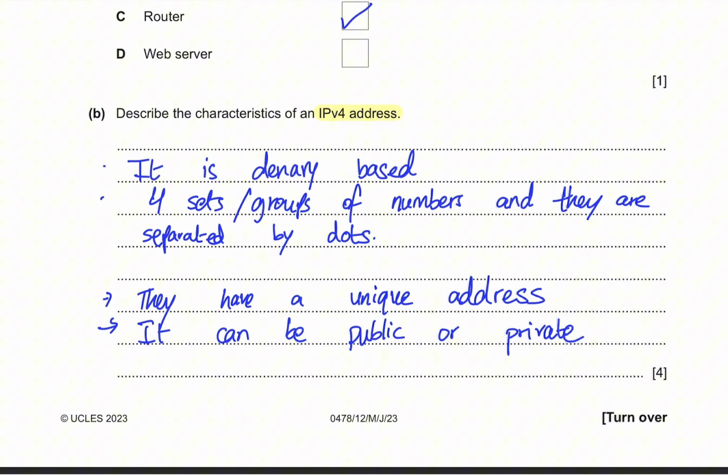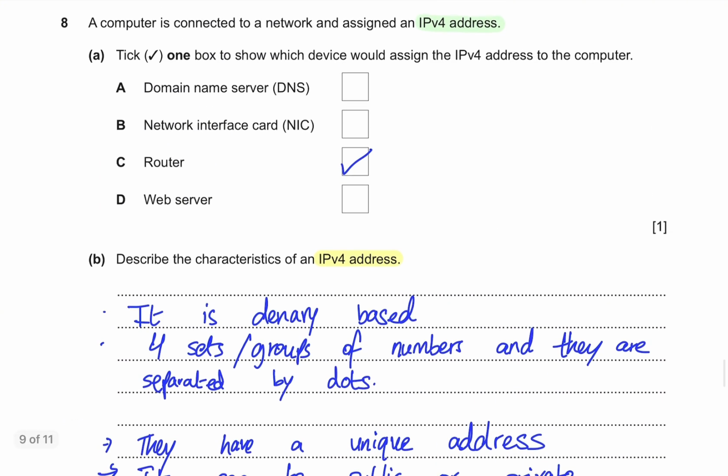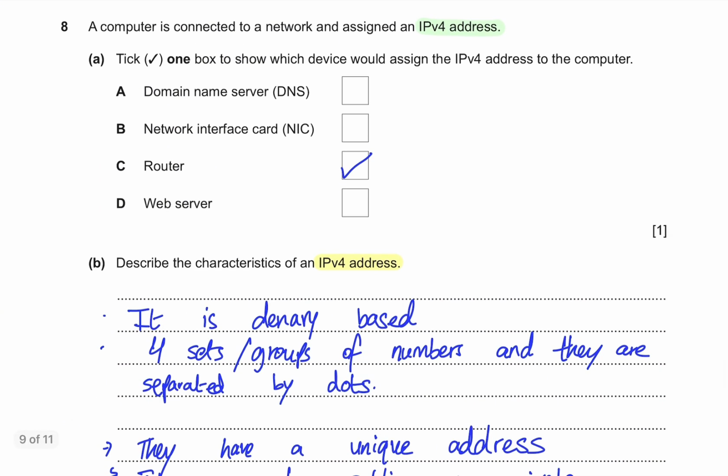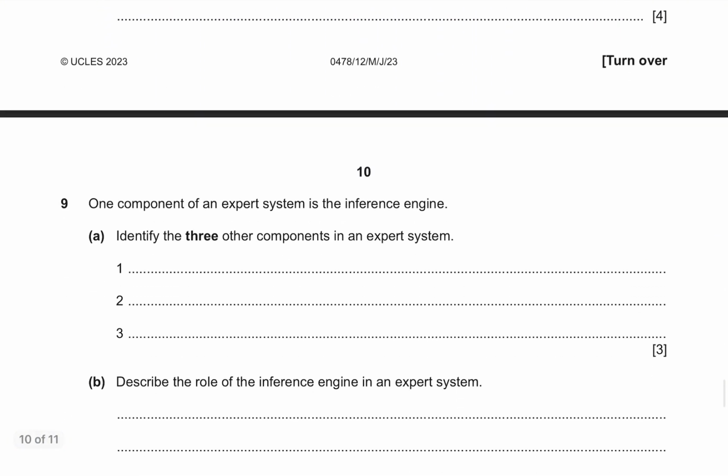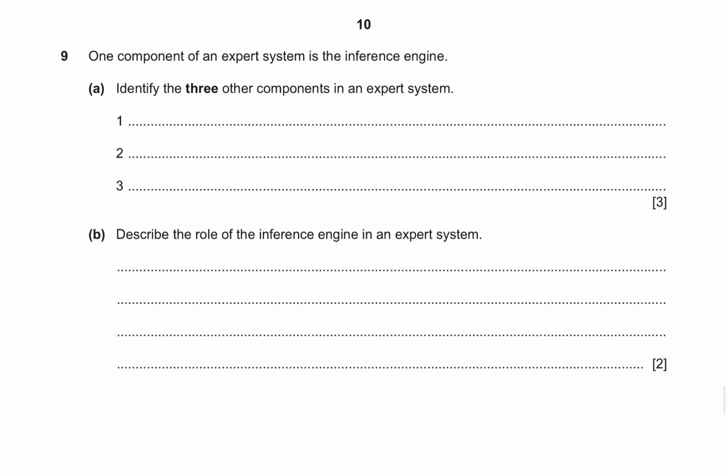Public or private IP address. The device that assigns the IPv4 address is the router. The characteristics of IPv4 are done. Moving forward to the next question.